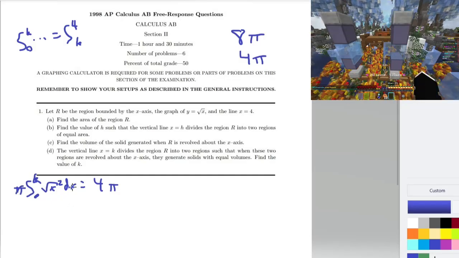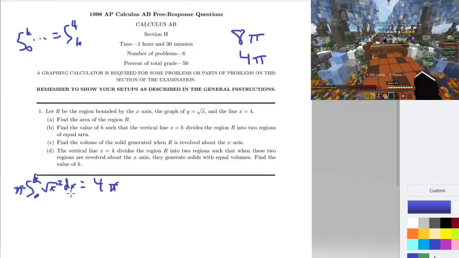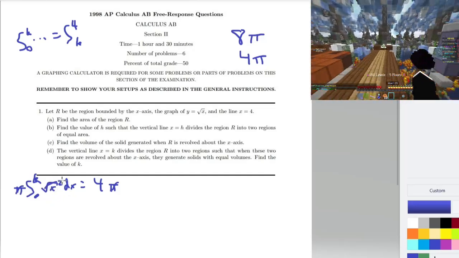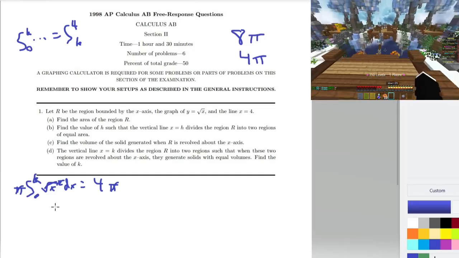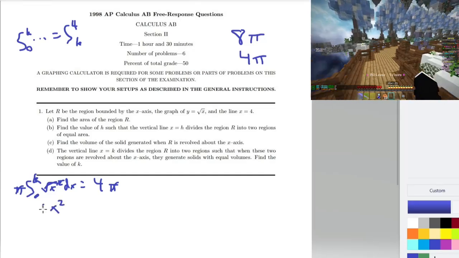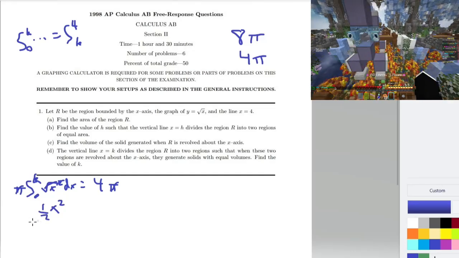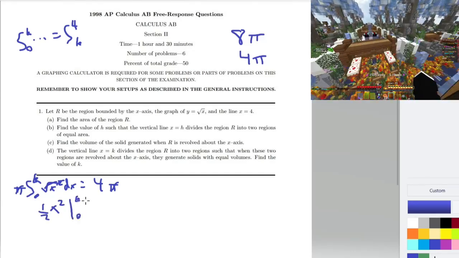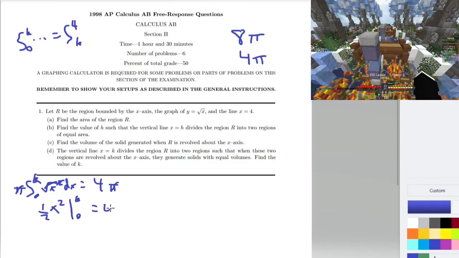First thing I'm going to do, get rid of this guy, and then I'm going to evaluate this integral. Again, the square and the square root cancel each other really nicely. So when we evaluate that integral, we're left with 1/2 times x squared, evaluated from 0 to k, is equal to 4.